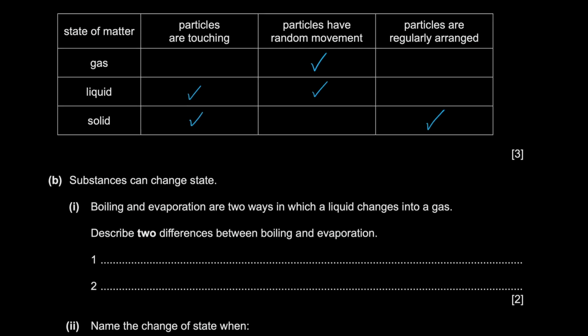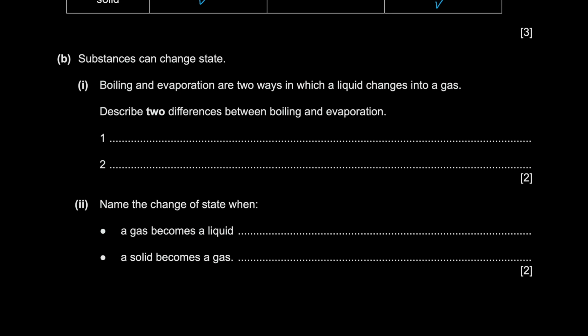All right, moving on. Substances can change their state. Boiling and evaporation are two ways in which liquid changes into a gas. Describe two differences between boiling and evaporation. Well, boiling happens at a specific temperature.